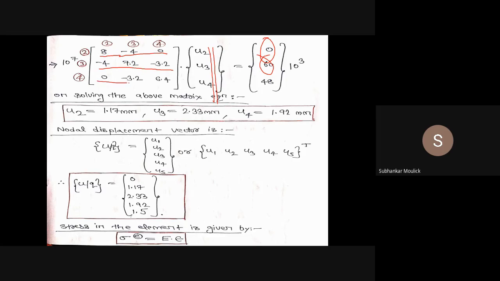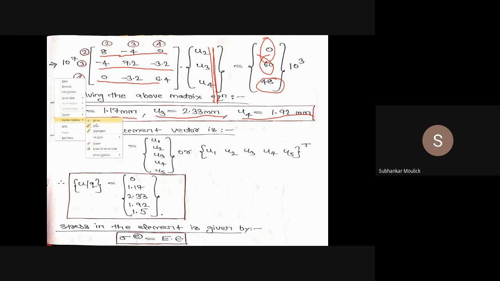Similarly, multiplication of the fourth row into this column will be this value. Solve these three equations with the help of a calculator. You will get the unknown nodal displacement values U2 as 1.17 mm, U3 as 2.33 mm, U4 as 1.92 mm. Is it clear? Any doubt? Yes, sir. By solving this matrix, we will get this answer.